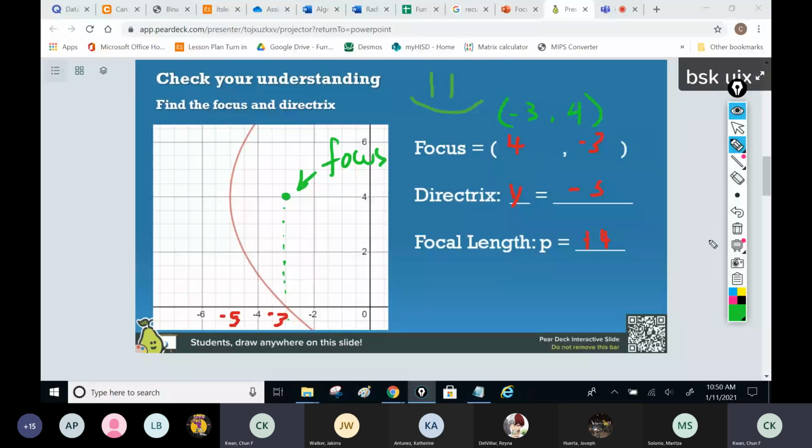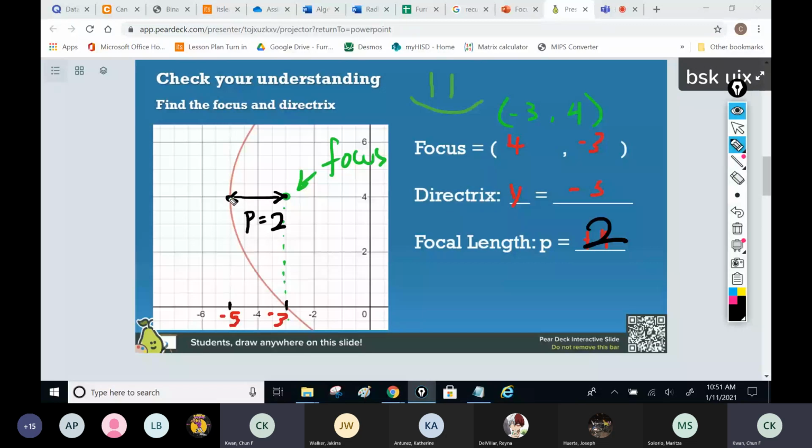And then after that, the focal length. The focal length is from the vertex to the focus, the distance from here to here. So p equals 2. It goes from -5 to -3.